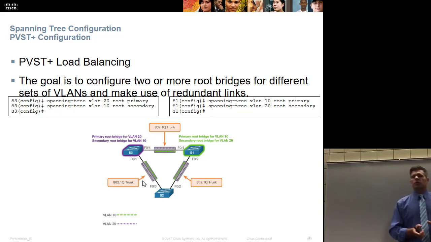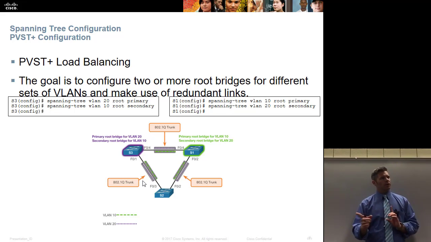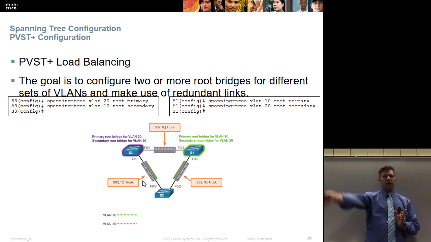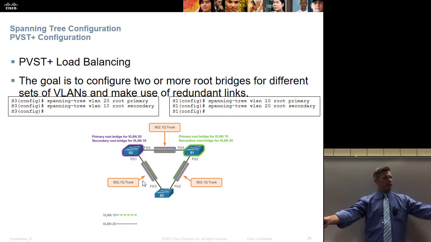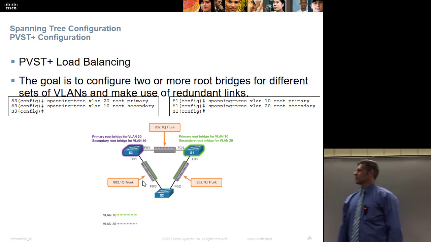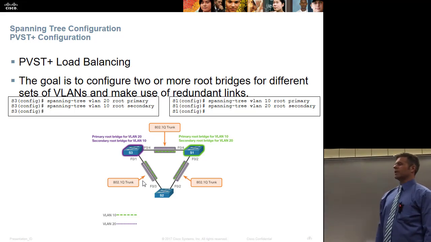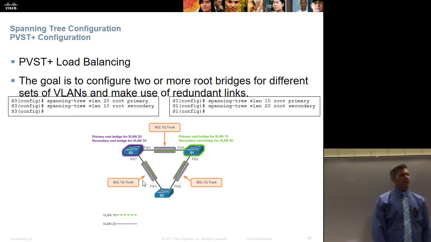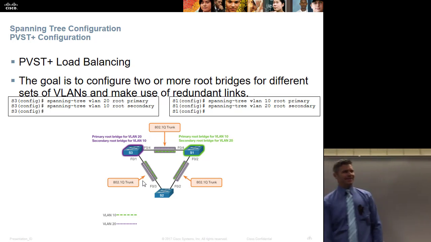You can make more efficient use of that network infrastructure by having the stuff for VLAN 20 go down this path and the stuff for VLAN 10 go down that path. Makes sense, huh? And I just didn't know that that was a thing.